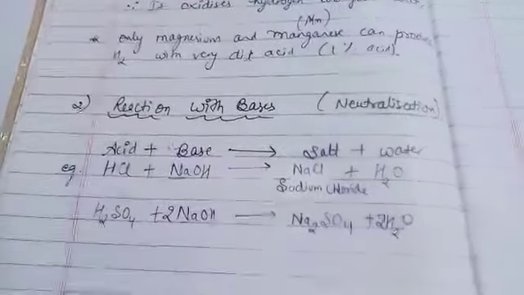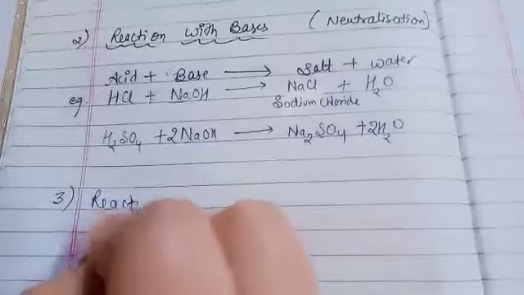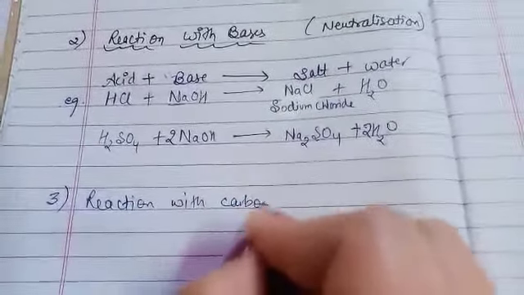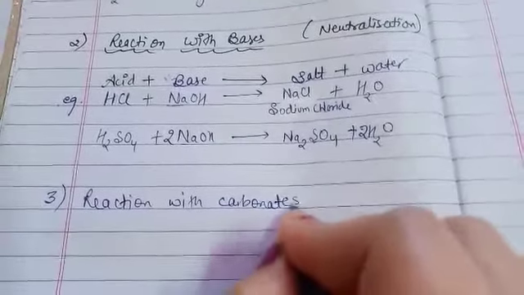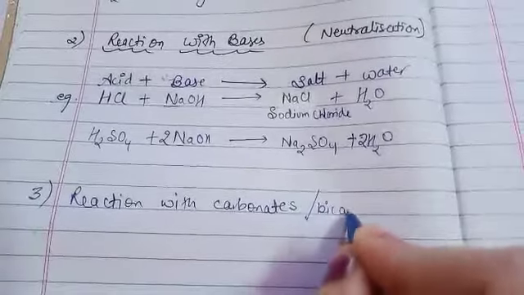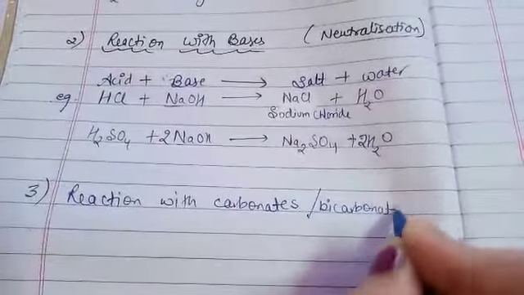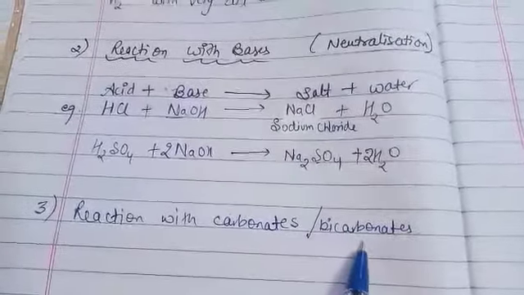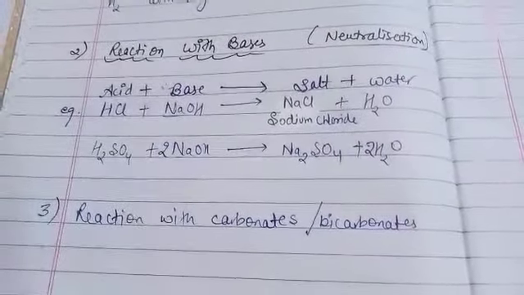Now the next one, again an important reaction, is reaction with carbonates, any carbonate, either sodium, potassium, or calcium carbonates, or bicarbonates. Bicarbonate you can also say is hydrogen carbonate.